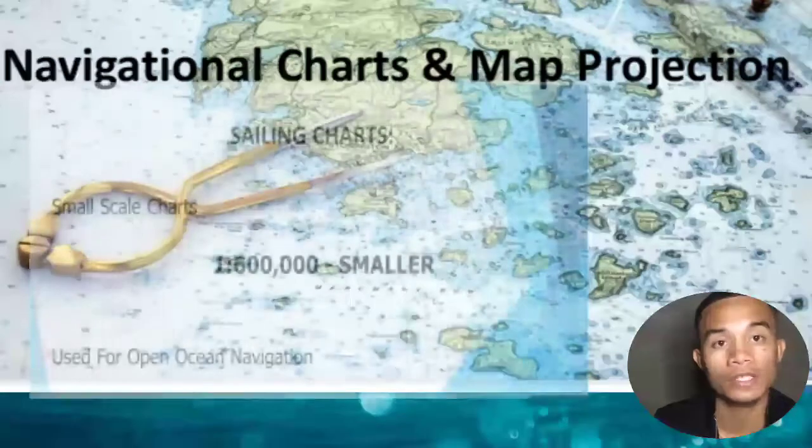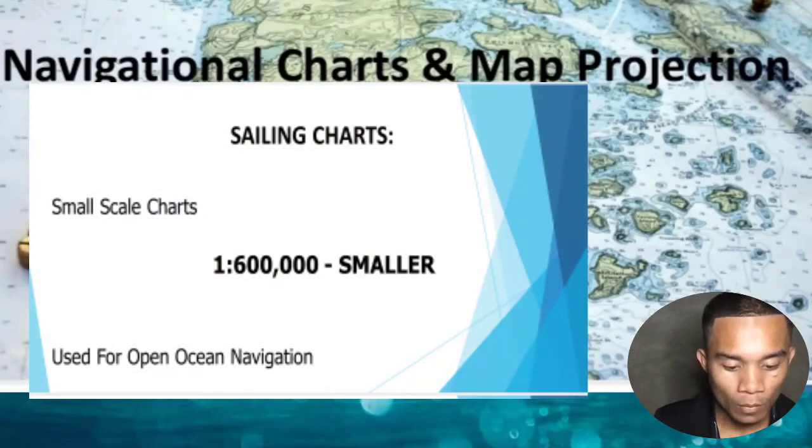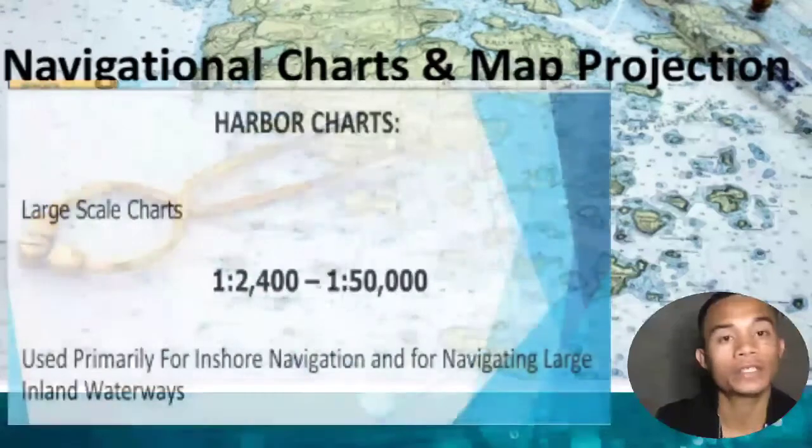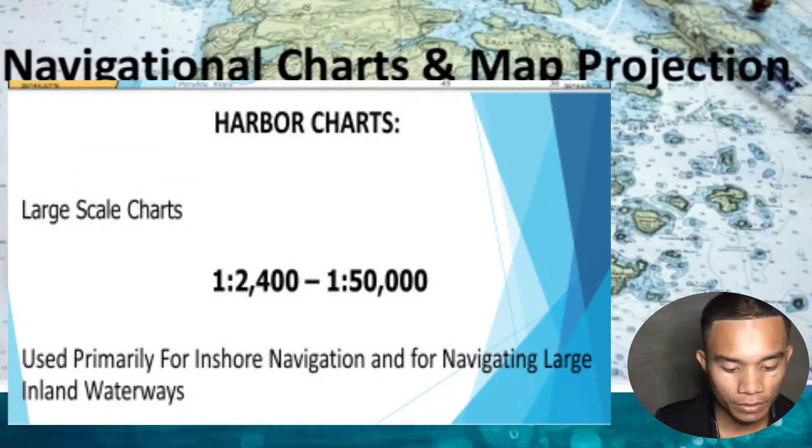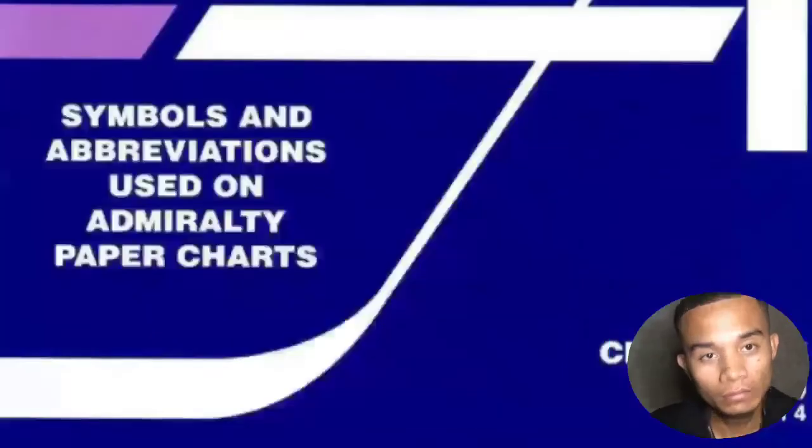Sailing charts, small scale, 1 to 600,000 or smaller. Harbor charts, large scale charts, 1 to 2,400 and 1 to 50,000, are used primarily for inshore navigation and navigating large inland waterways.